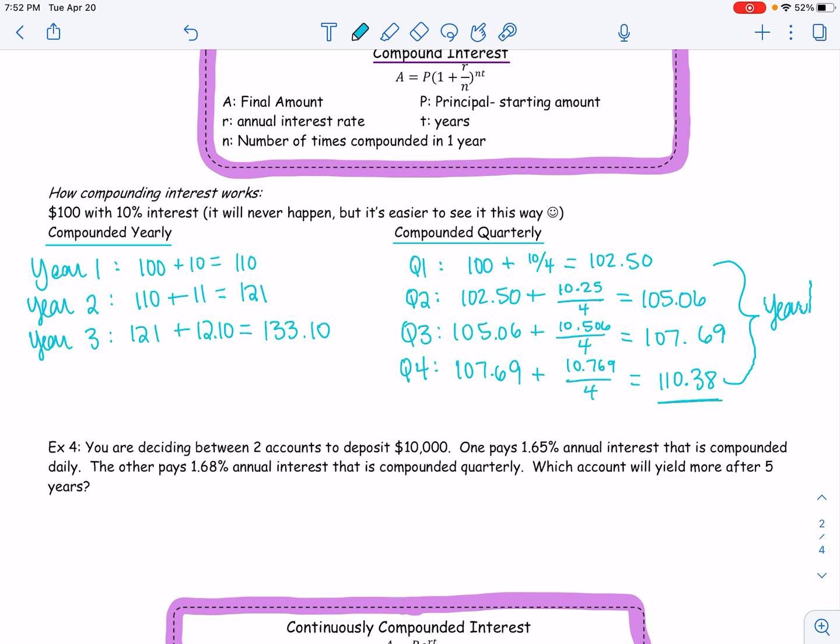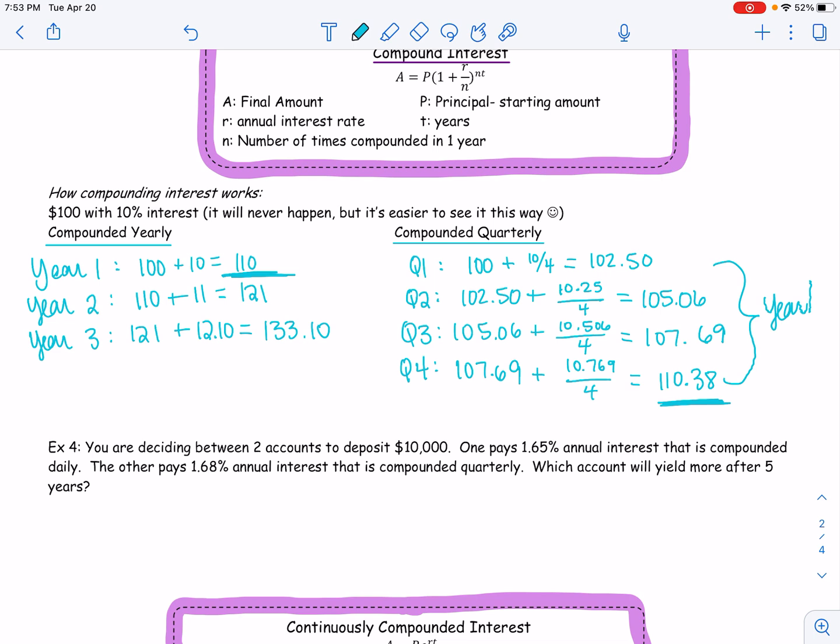Now look at the end of year one here and look at the end of year one here. Is there a difference? Yes. Which one is a better way of earning interest if you're more concerned with gaining a profit or gaining a lot of money? That's going to be compounding quarterly. I know you're probably thinking, but it's only a 38-cent difference. You're right, but we only deposited $100.